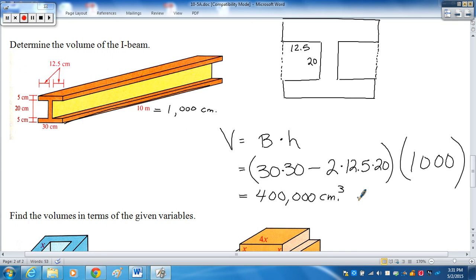Now you might be thinking that's a little outrageous, 400,000 cubic centimeters, but you have to imagine you're covering 10 meters here, which is over 30 feet, a 30-foot long beam, and so if you think about a centimeter by a centimeter by a centimeter, that's a pretty small structure, okay? In fact, most of us know inches better than centimeters, but if I go ahead and clear that.